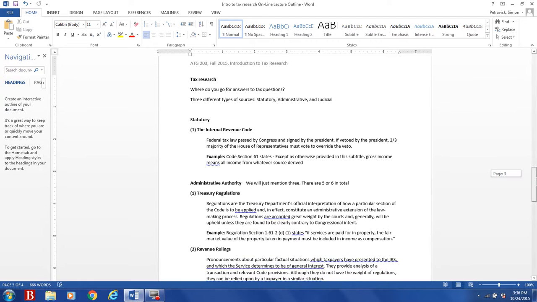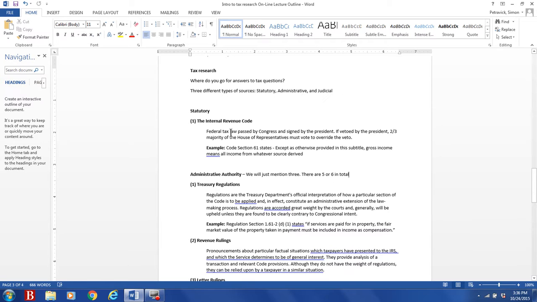The Internal Revenue Code is laws passed by Congress and signed by the President, and that's what determines what's income, what's a deduction, what the tax rates are, those sorts of things. Since it's a law, if the President disagrees with it, it can be vetoed.